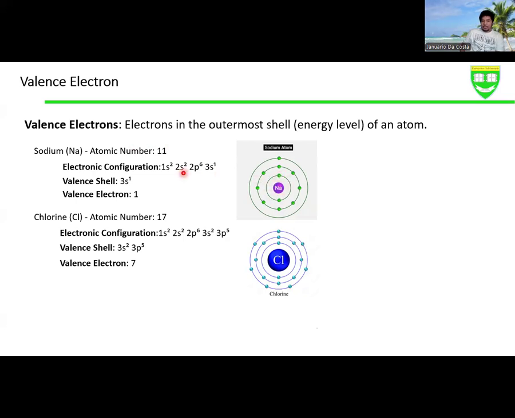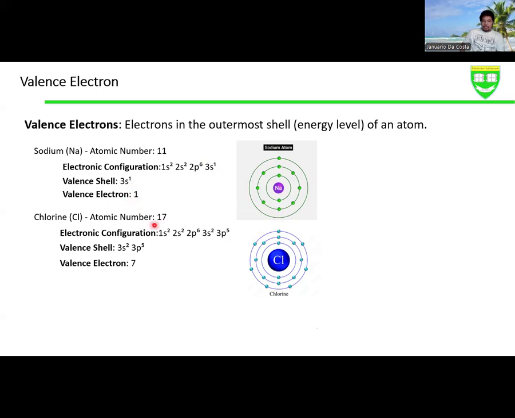And then you have 2s2 and 2p6, the total for the second energy level is 8 electrons, which is this circle over here. And then you have 3s1, third energy level. So your valence shell is the 3s1 shell. In the 3s1, you only have 1 electron. Therefore, your valence electron is simply 1.